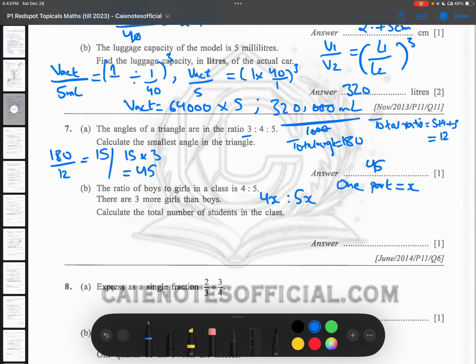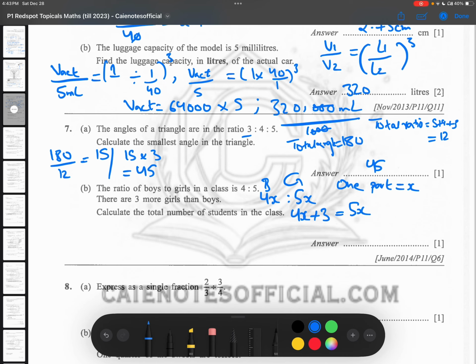Now it says there are three more girls than boys. If there are three more girls than boys, then if I add 3 to boys, the number of boys will be equal to the number of girls.